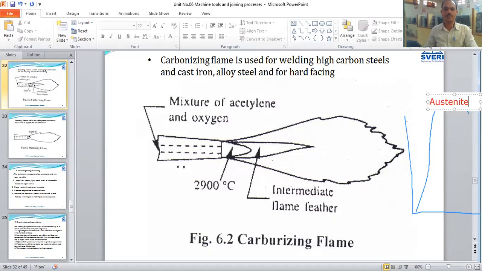It is part of metallurgy actually. Austenite, then bainite, then perlite and martensite. Here at last martensite.